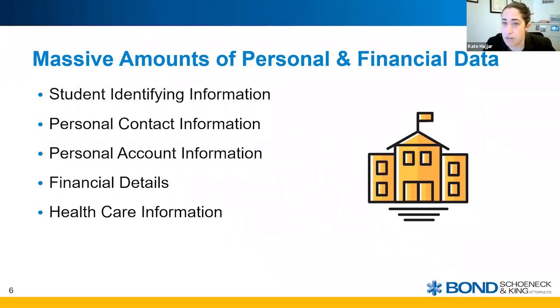It's student data, employee data, personal contact information, personal account information, social security numbers, tons of financial details, particularly in financial aid offices, and healthcare information to varying degrees. Whether or not you're an academic medical center or a smaller liberal arts institution or community college, there is going to be some kind of health information that exists within your systems.